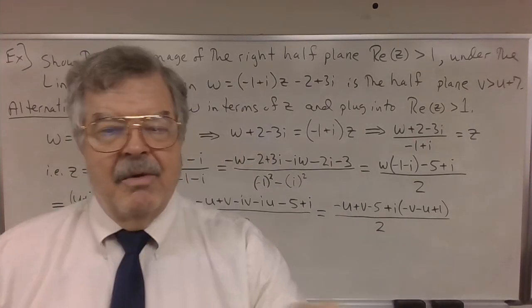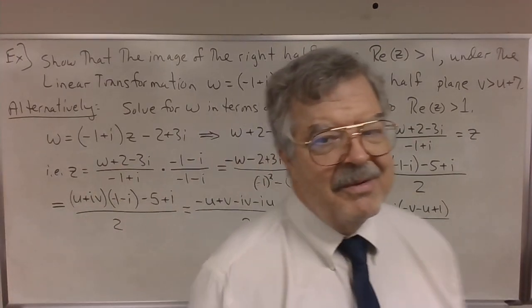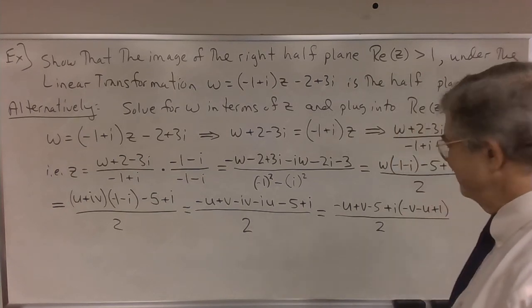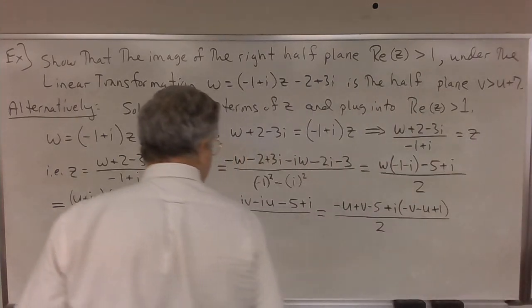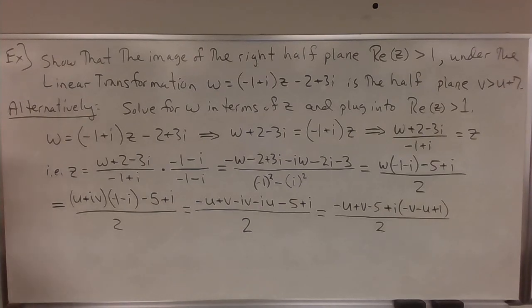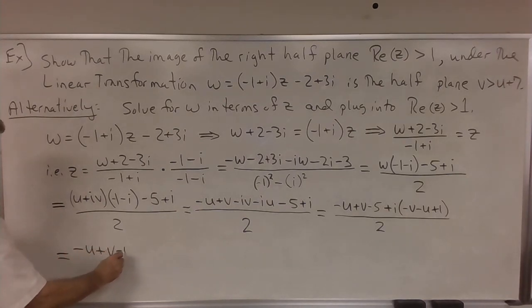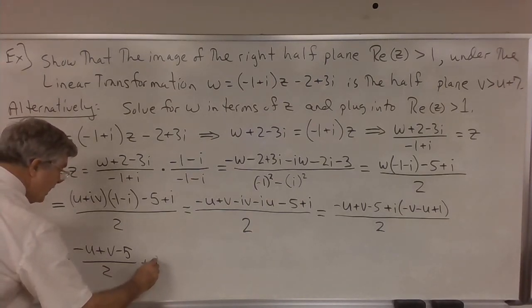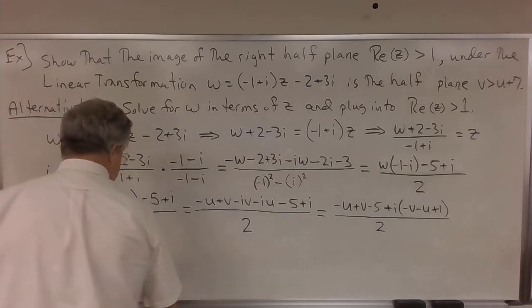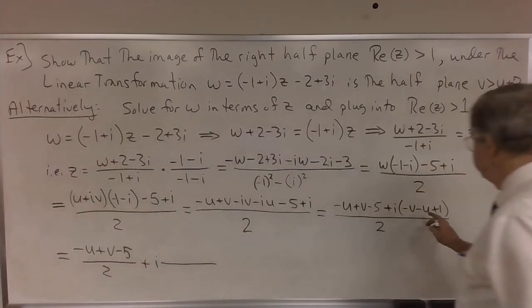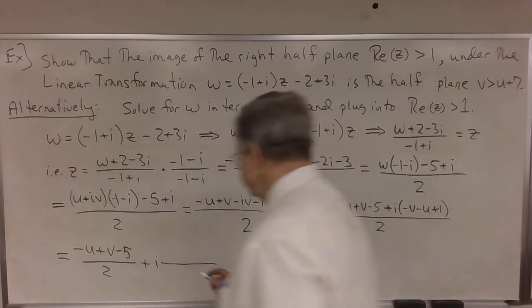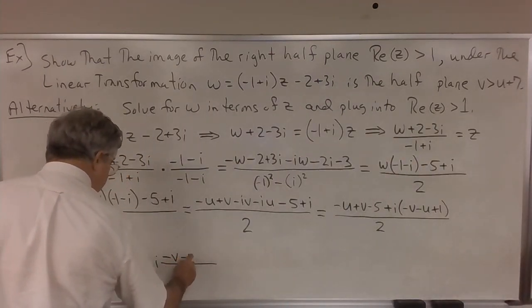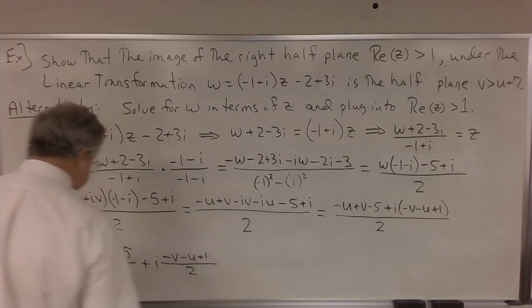Let me check that. If you see something wrong with it, speak now. If not, too late. I guess now I need to divide this into real and imaginary parts. So I have negative u plus v minus 5 over 2 plus i times negative v, negative u plus 1 over 2.